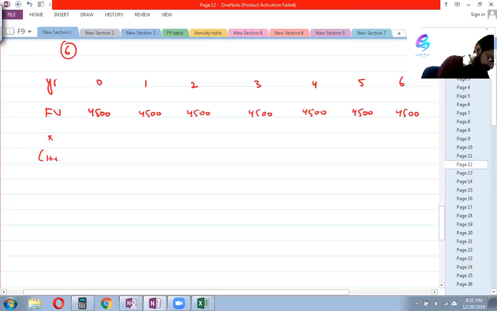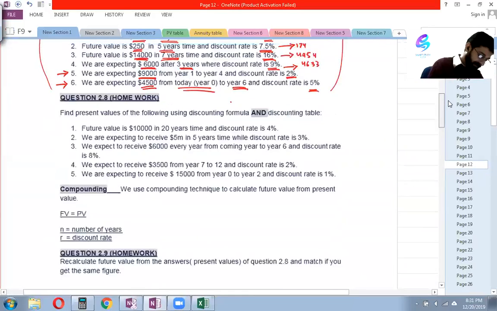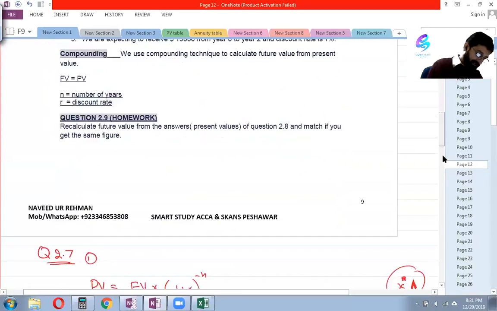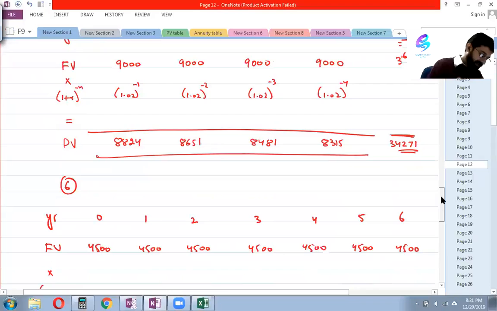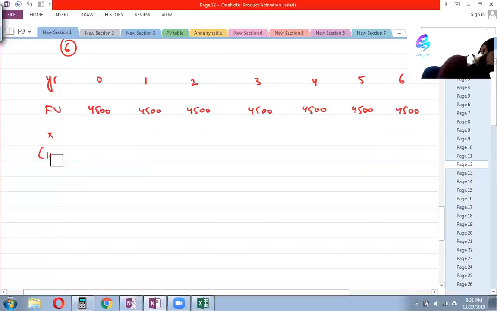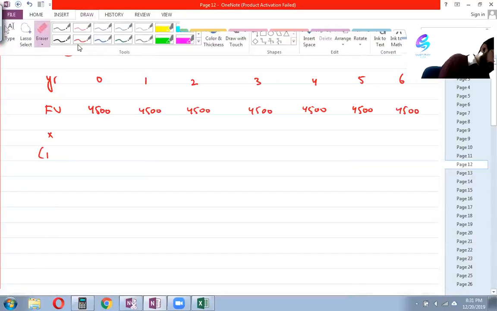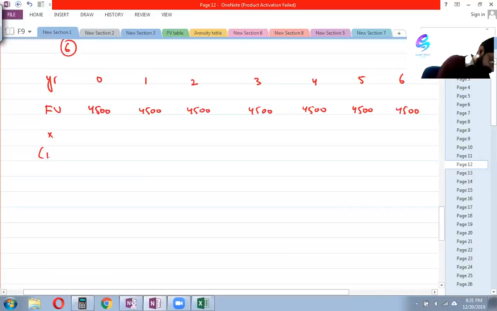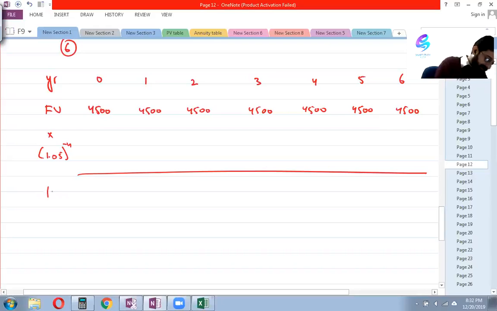Multiplied with 1 plus r. I'll actually write the value of r. What is the value of r? R in this question is 5%. So instead of 1 plus r, I'll say 1.05 or 1 plus 5%, raised to the power minus n. So every year is going to be different. And this will actually give you the present value, right?